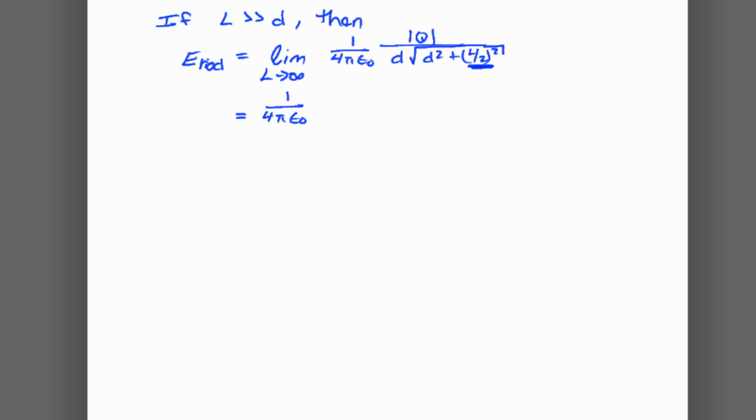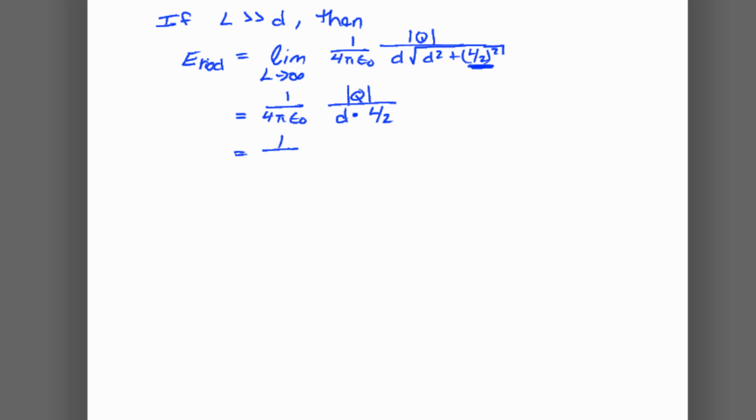So in that limit, we'll still have Q on top, but it's going to be over D, this is the D outside of the radical, times L over 2. If our length is so long, that's going to be the dominating factor. This little tiny D squared inside of the radical isn't going to matter, so then the square root of L over 2 quantity squared is just L over 2.